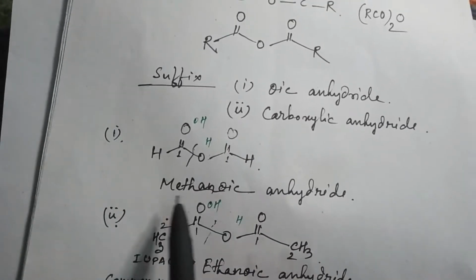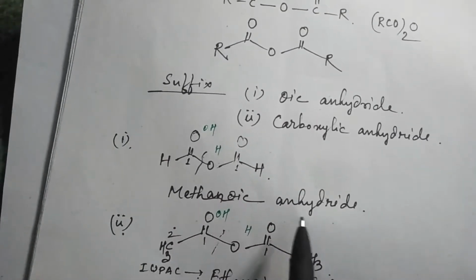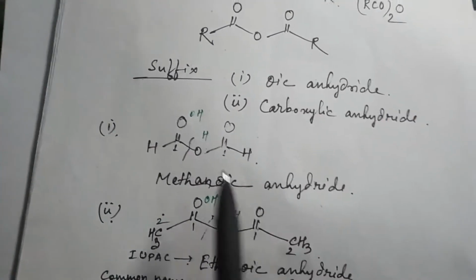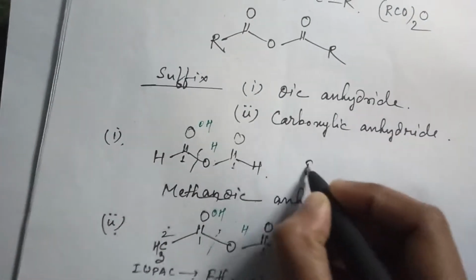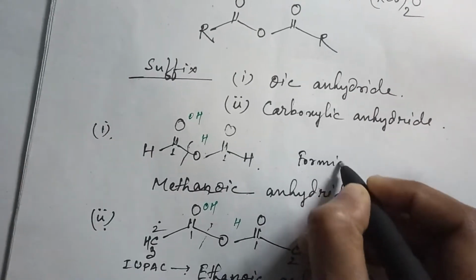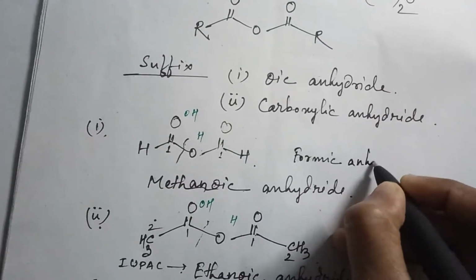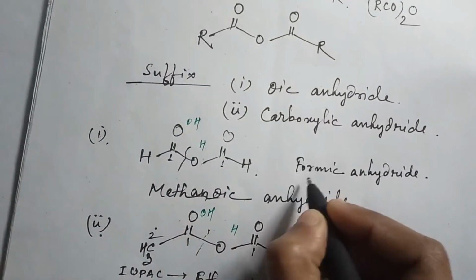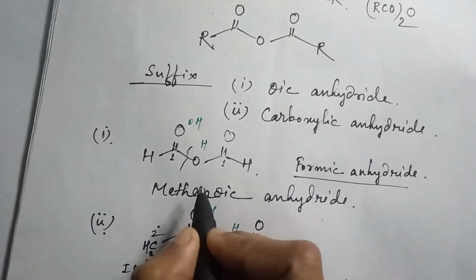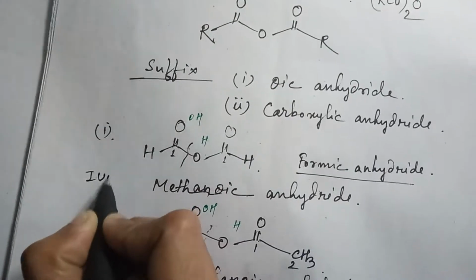Okay. Now say, in the previous case, the IUPAC name is methanoic anhydride. Right? Now it also has a common name. And that common name is formic anhydride. This is the common name. And this is the IUPAC name.